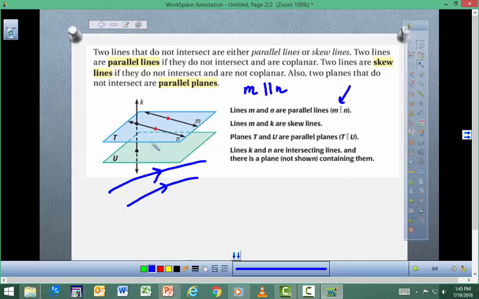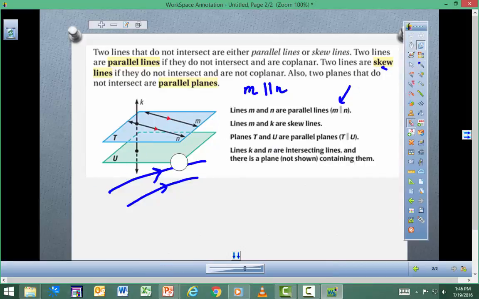And so this line M, for example, and this line K, you can see that they don't intersect either, but they're not in the same plane, and so they are what we call skew lines. Okay, if they do not intersect and they are not coplanar. Notice these two lines are in the same plane, they're in that blue plane. So that's the difference between parallel lines and skew lines.